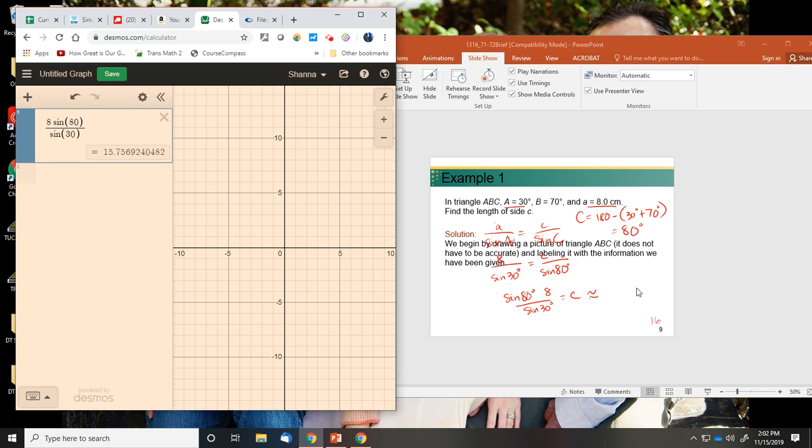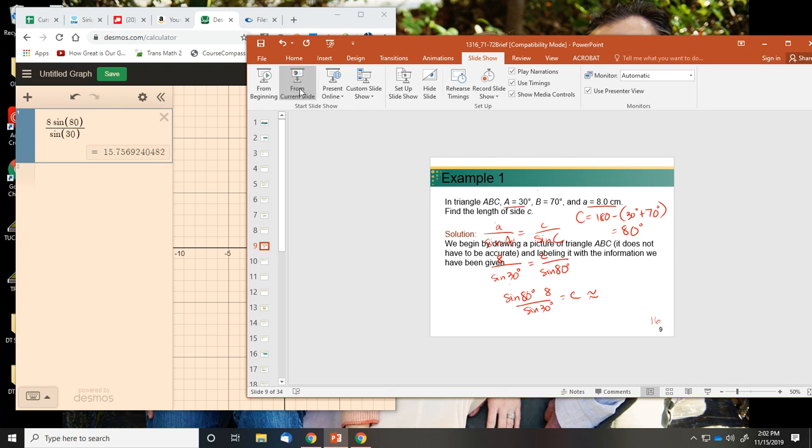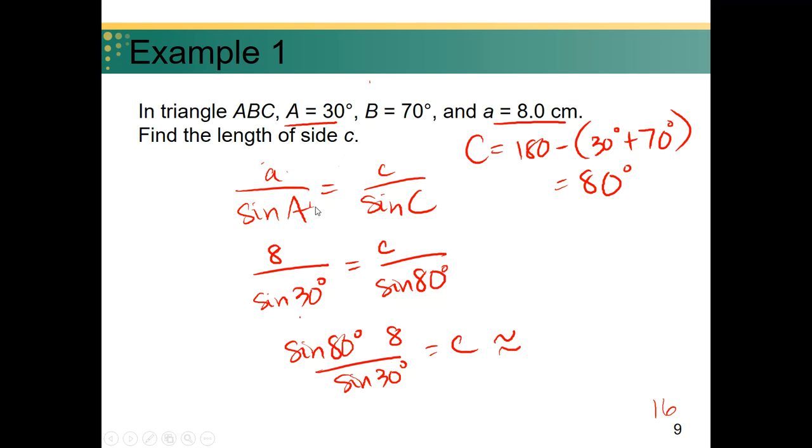So 16. The reason I say 16 and not 15.8 is just because we seem to have two significant digits as given to us by the 8.0. So that's what that was left over from before.